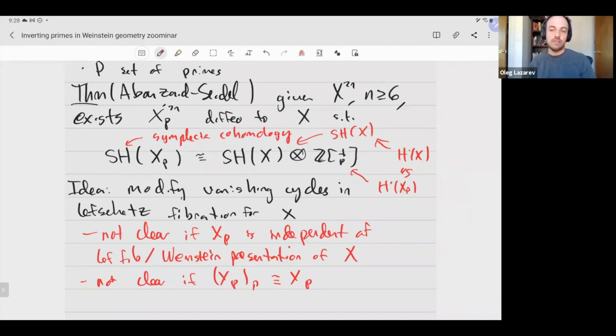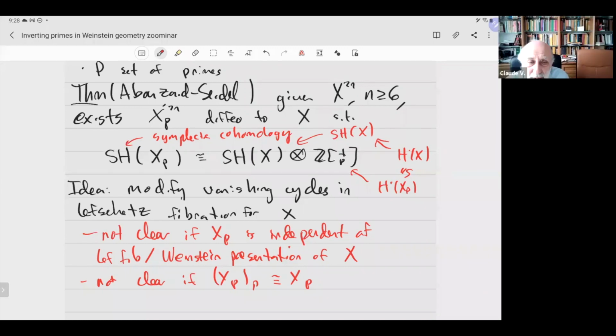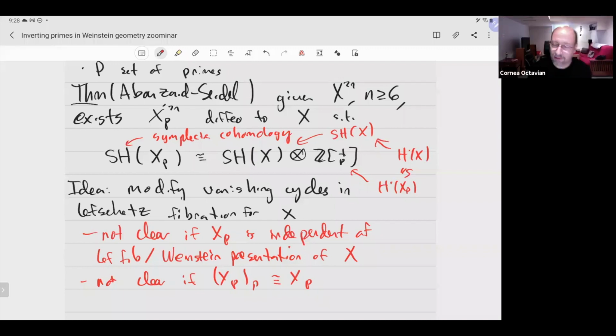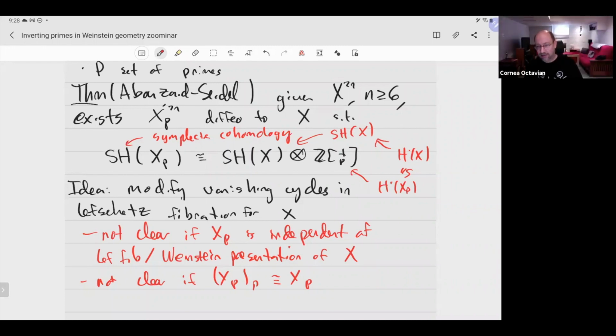But Oleg, does that answer your question? No, because you're writing an isomorphism between H star X and H star XP, which is not true. It has to be true because they're diffeomorphic. Ah, sorry. Yes, you're right. That's my issue. When you include it in the other part, that's where the distinction happens.